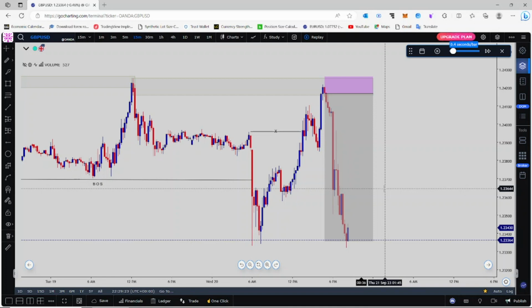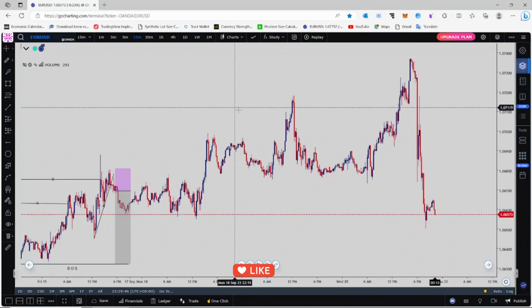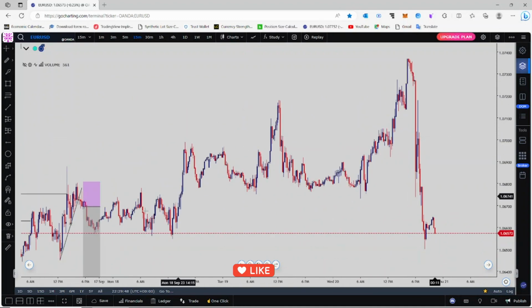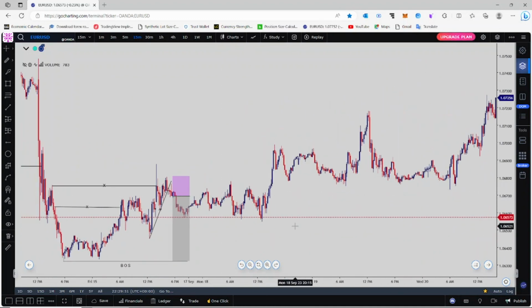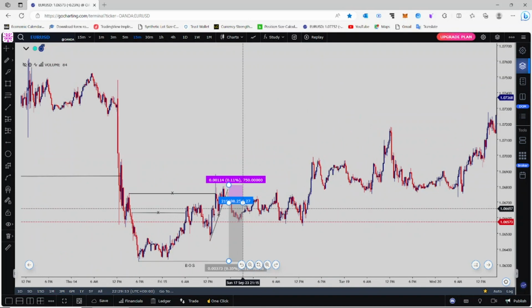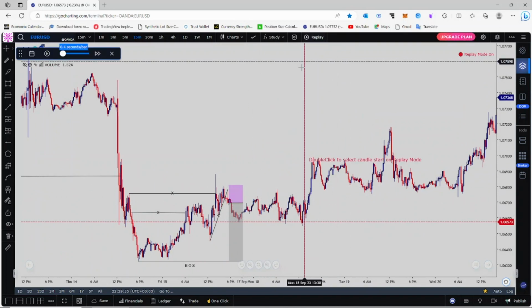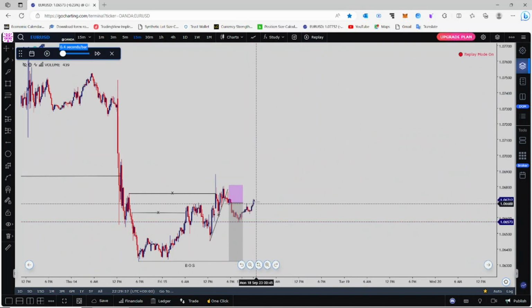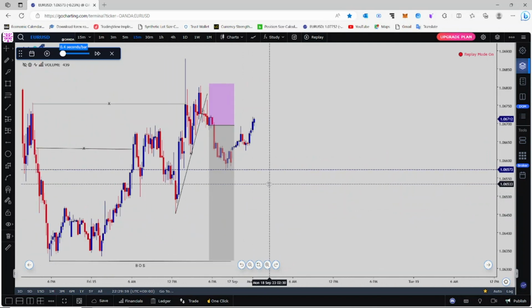Now let's go to the Euro USD, and I'm going to show you how we also took the sell. Euro has been on an uptrend for some short period now. I'm going to break this point down for you guys to understand what I mean.